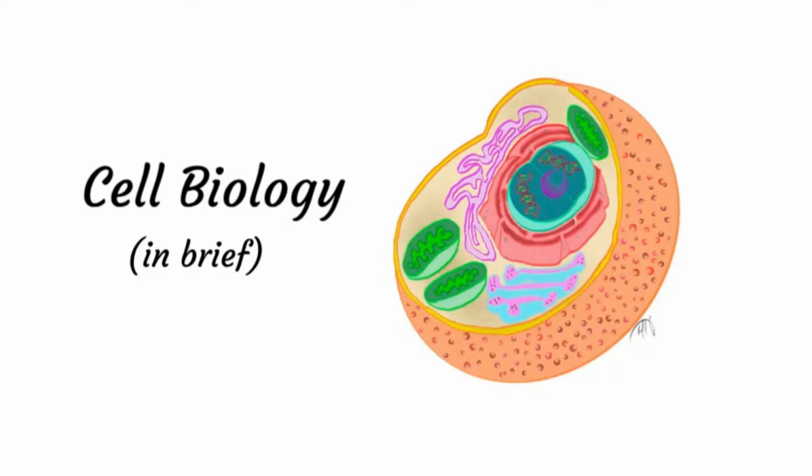Without the cells, our body would be nothing because our body is composed of an enormous amount of cells in addition to water. So one could really break down the human body into water and into cells. So let's delve into a fairly brief discussion on cell biology.